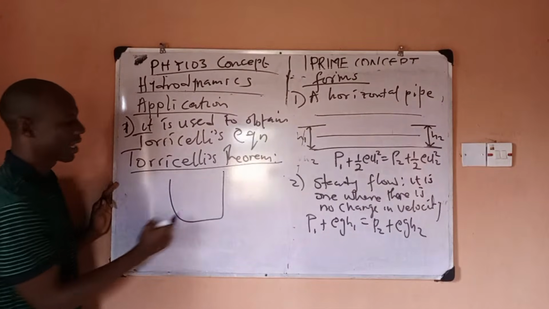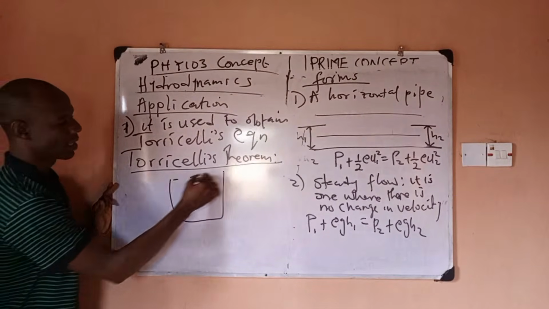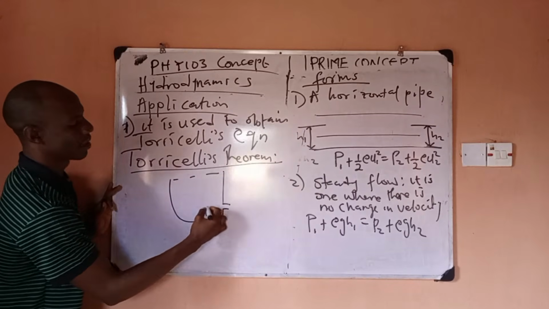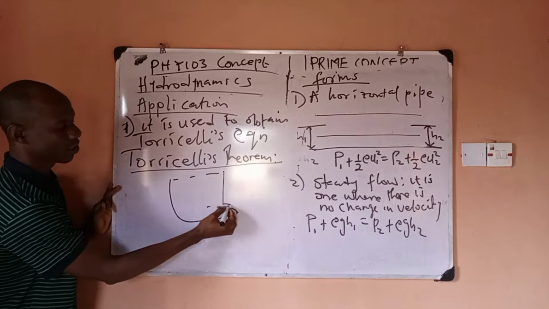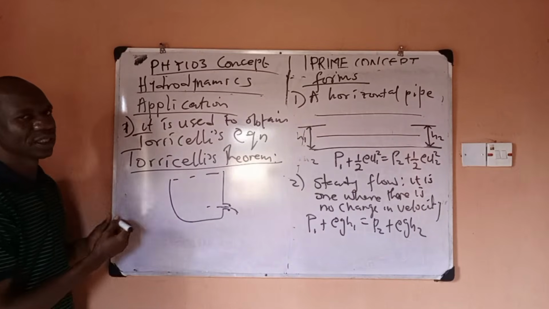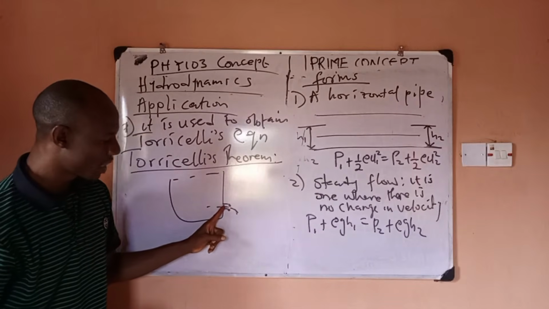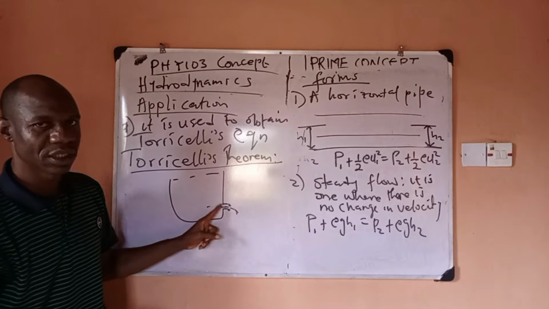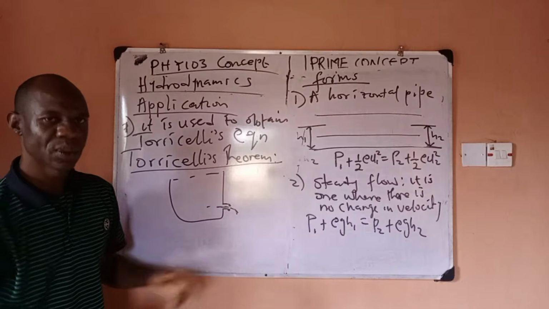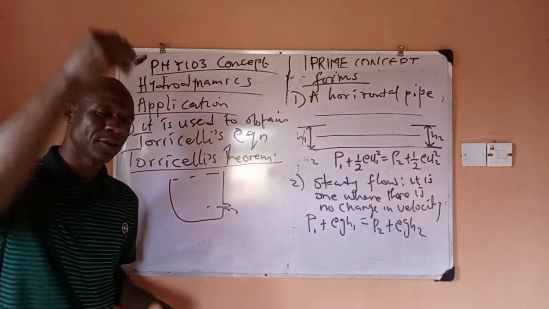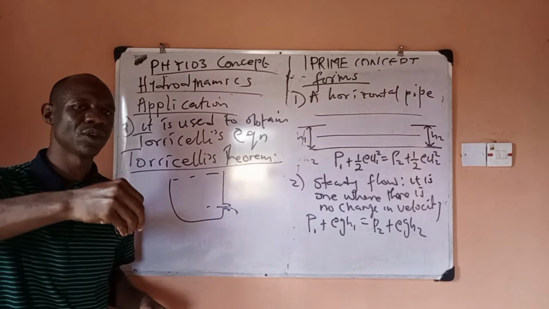If you have a tank like this, and you open here so that water can flow from this point, just a small, narrow opening, what Torricelli is saying is that the velocity with which water would flow out of this narrow opening is the same velocity with which an object falling freely under gravity would also fall.